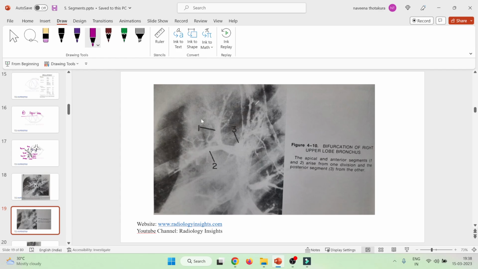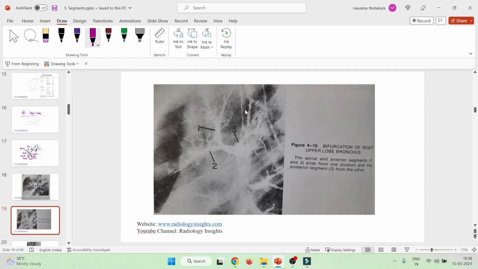So here you see apical and anterior divisions. The apical and anterior segments arise from one division and the posterior segment from the other.